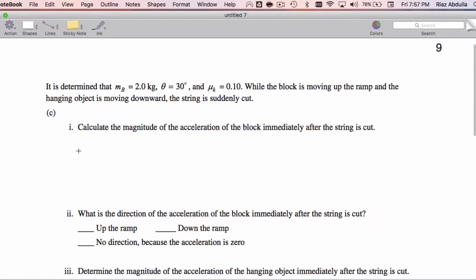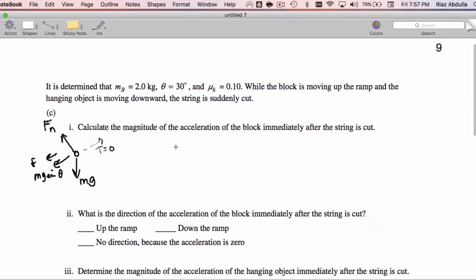So let's be clear. The forces, again, we've got mg, we've got F_N, we've got now mg sine theta, and the friction still goes this way because we just suddenly cut off the tension. So what that means is this is now 0.